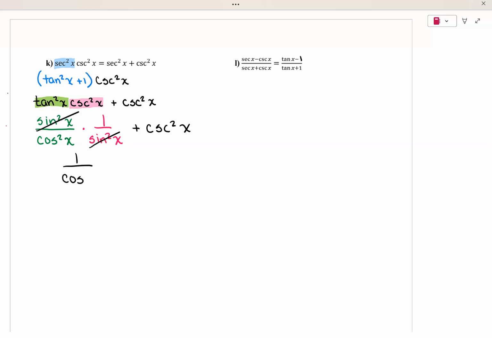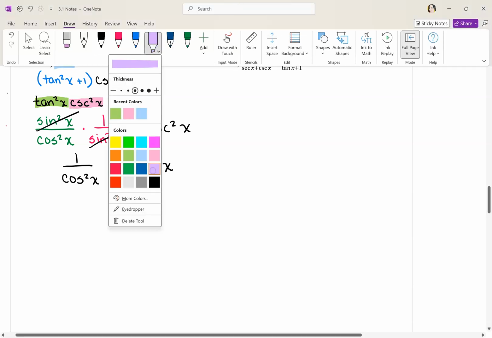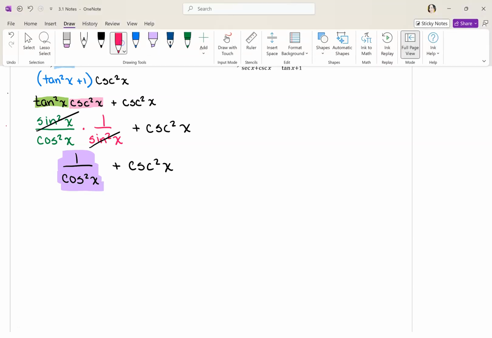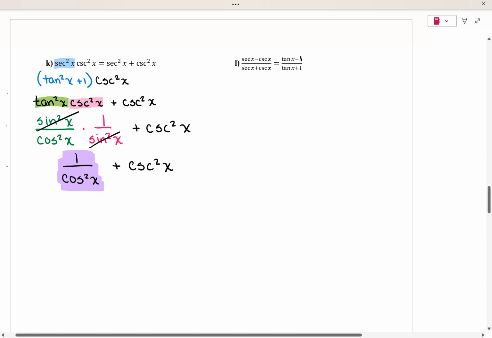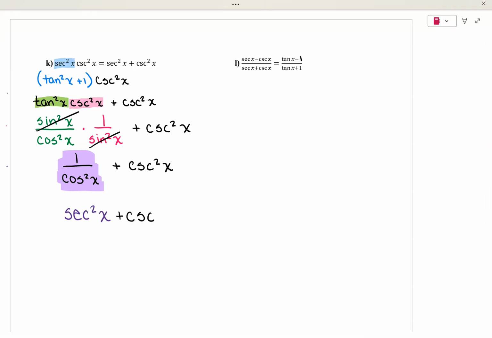You get 1 over cosine squared plus cosecant squared. And then what do we know 1 over cosine squared to be? And hopefully you said secant. And that is exactly what we needed. These match. So we did it.